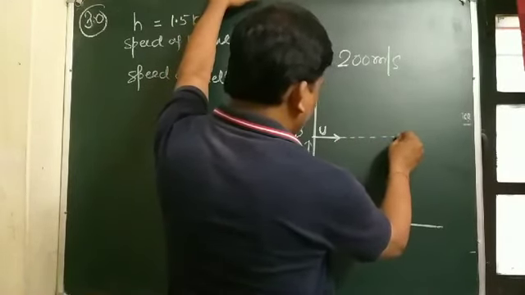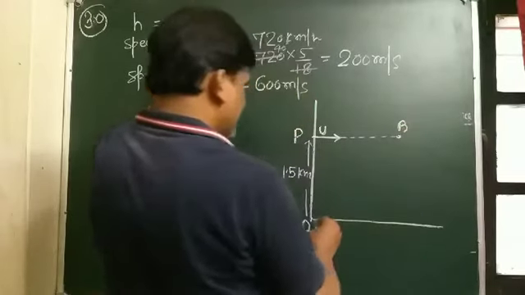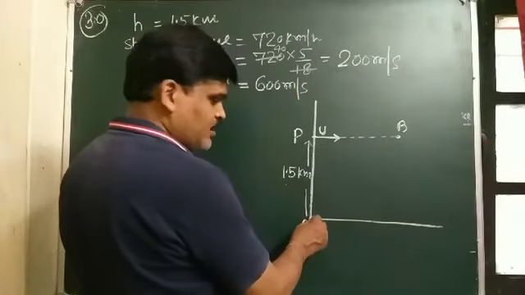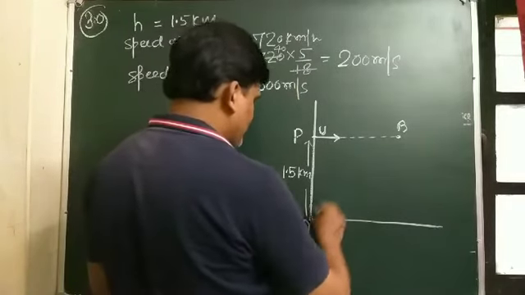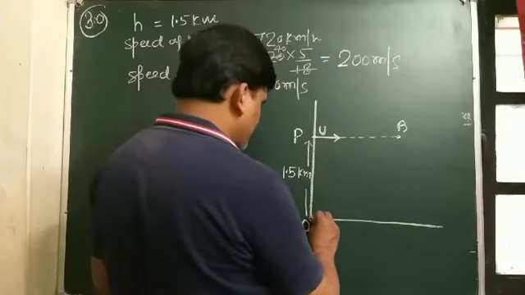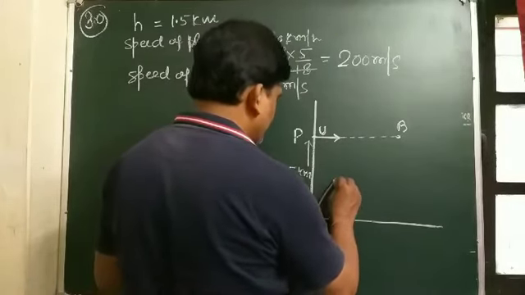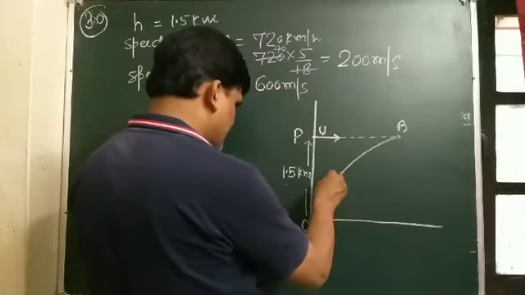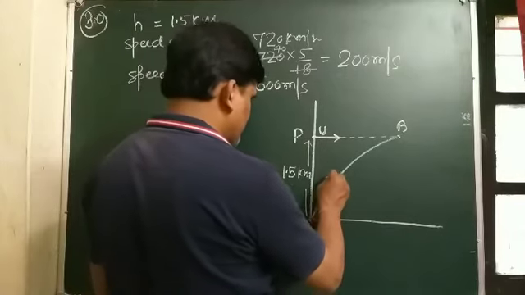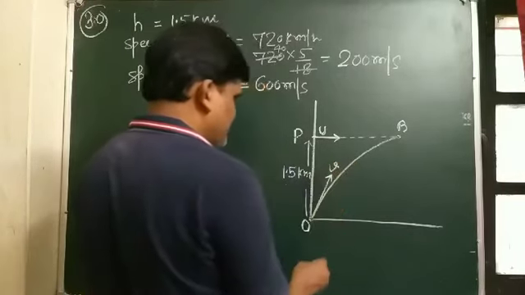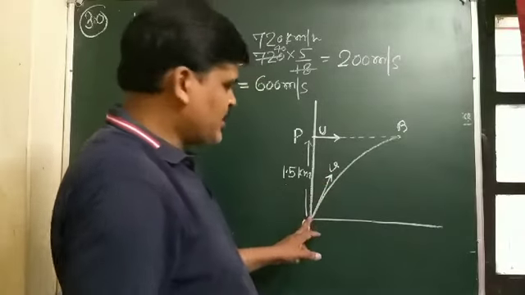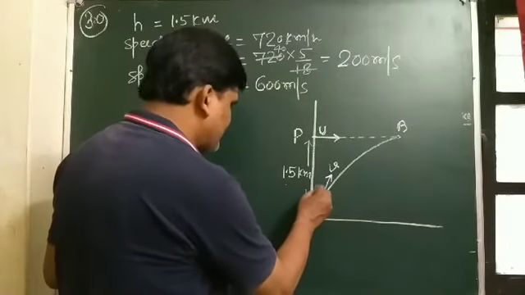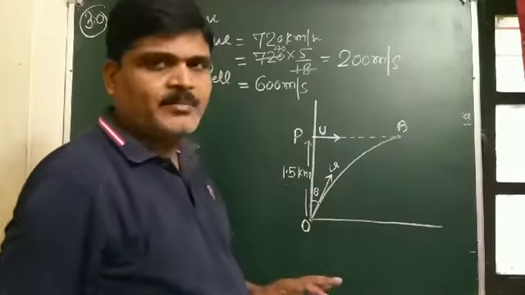Suppose at a point B the gun on the ground fired a shell, making angle theta with vertical. Suppose this is the velocity v. A shell is fired with the velocity v making angle theta with vertical.